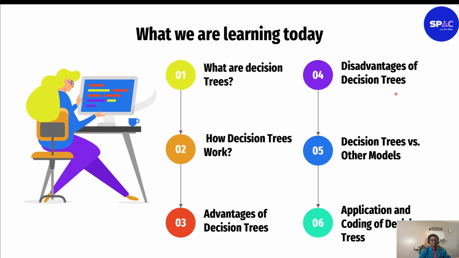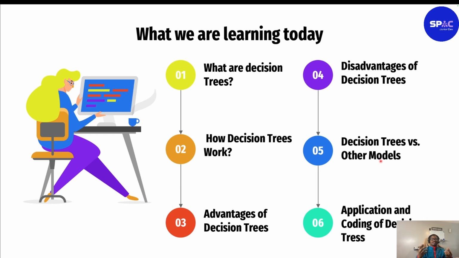Then we're going to compare decision trees with other machine learning models, like linear regression, multiple linear regression, and logistic regression. We want to compare decision trees with all those models so that we know the difference, and we know when to use decision trees and when to use all the other models.